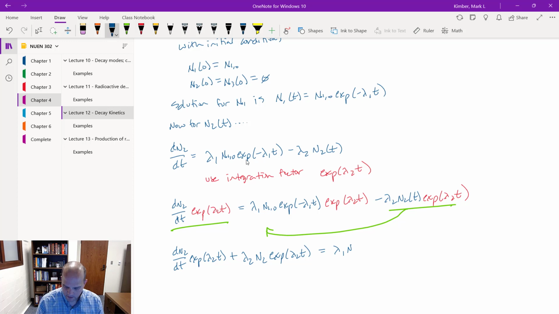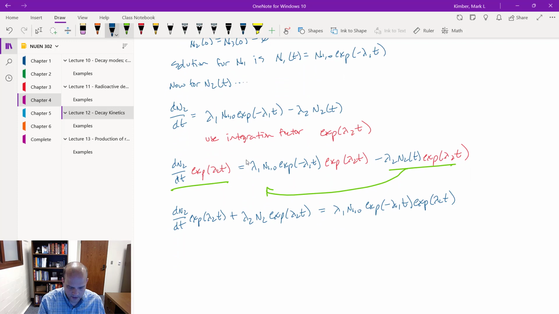My right-hand side, I'm going to keep the same. I'll keep the rest of the terms there, I mean the only other term. But these two terms on the left-hand side here, I can combine them and express them as the time derivative, so d/dt of the product of two functions, one of them being N2 of t, and the other one being that integrating factor.